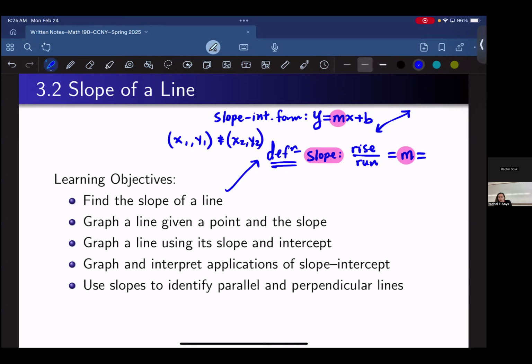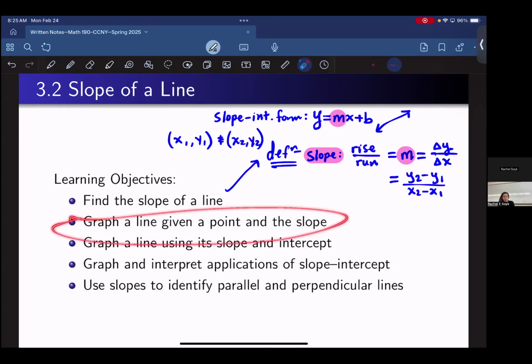Then we can determine what our slope is by taking the difference of our y values and dividing them by the difference of our x. So what does that look like? It's simply our change in y, so y2 minus y1, all over x2 minus x1. And we'll practice this a lot throughout our lesson today.